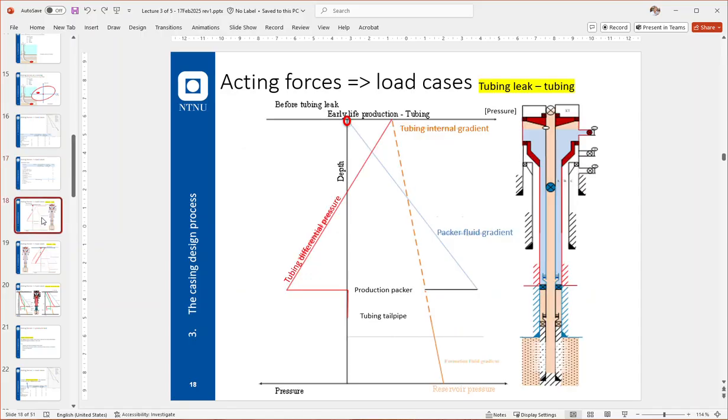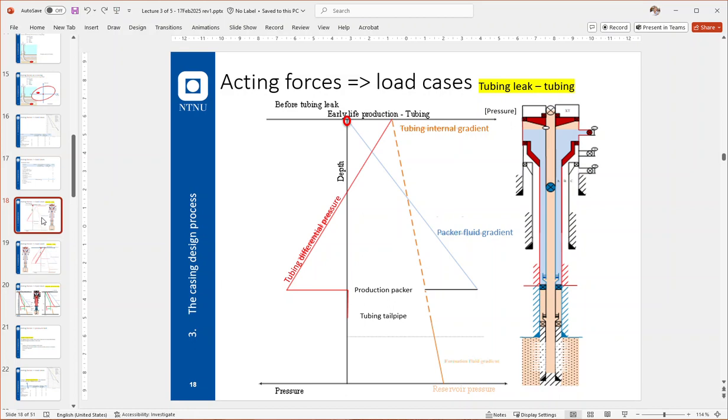You will, I'm certain, as drilling engineers, learn details about each and every one of them. I'd say that this load case called tubing leak is probably one of the most important in many cases and contexts.